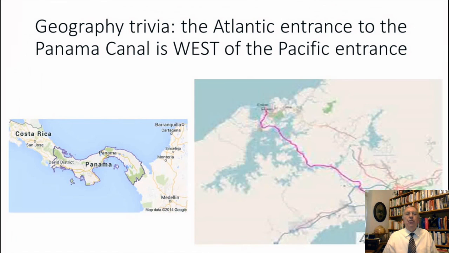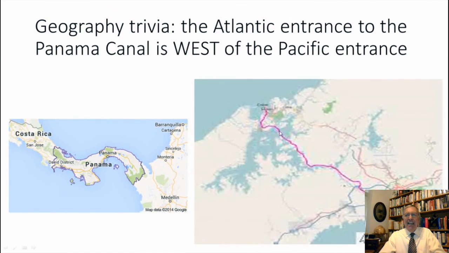Little geography trivia for you. I mentioned the Panama Canal. You can be the first person on your block, go home and amaze your parents and friends. Here's Panama, right? And here, the Atlantic, of course, is on the east. Pacific Ocean is on the west, right? Think of the United States.